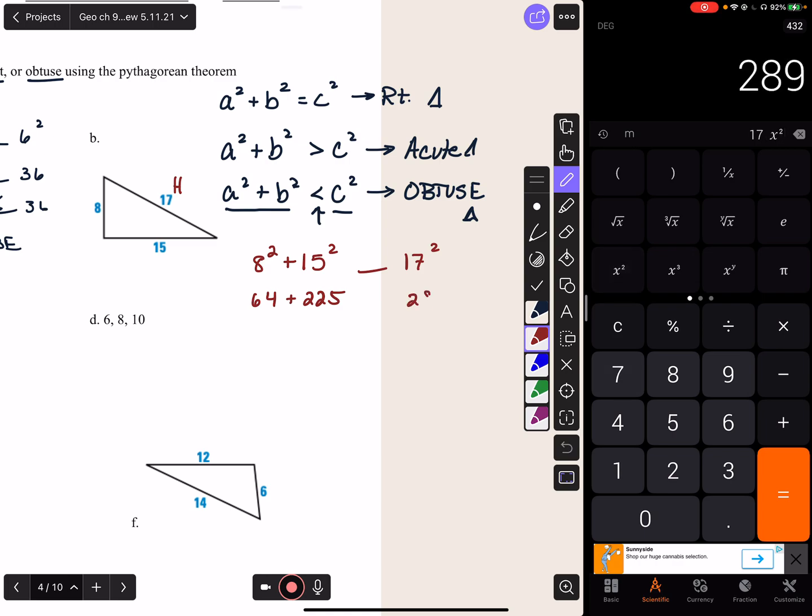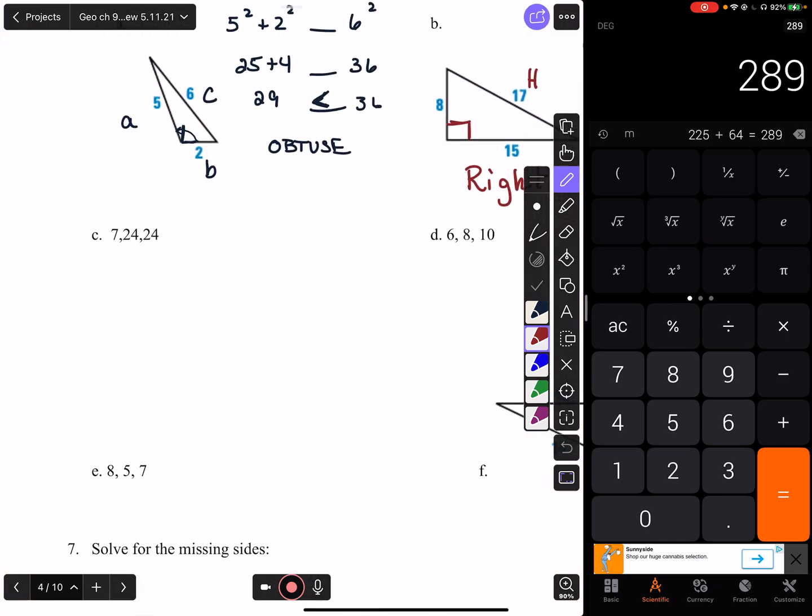Yeah, 289. And on the left-hand side, 225 plus 64 is 289. And so 289. So we can see they're equal. And therefore, this is a right triangle.